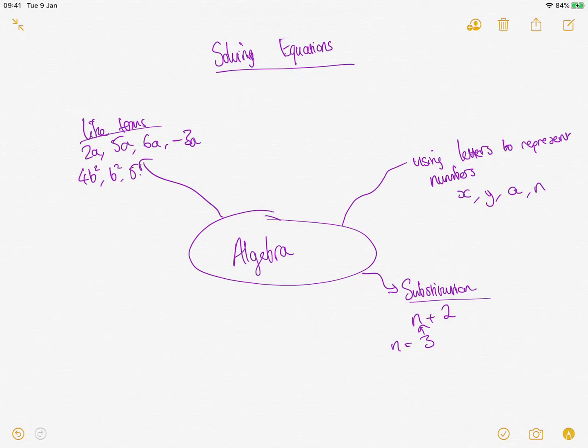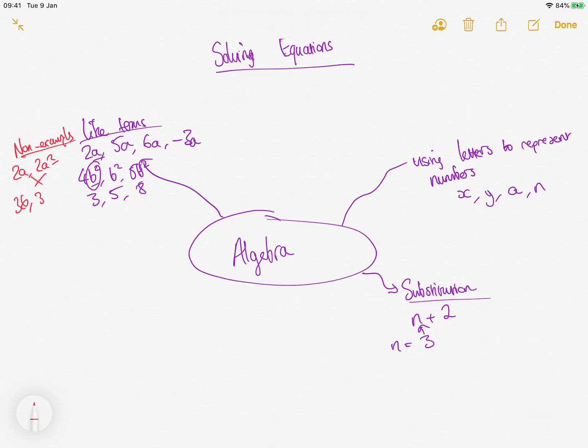So anything with the same letter and the same power. Numbers are all like terms because they've got no letters or powers after them, so 3, 5, 8. I'll just show some non-examples as well. We might have 2a and 2a squared, which are not like terms because they've got a different power. 3b and 3c are not like terms because they've got different letters.